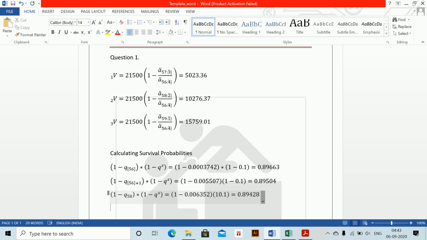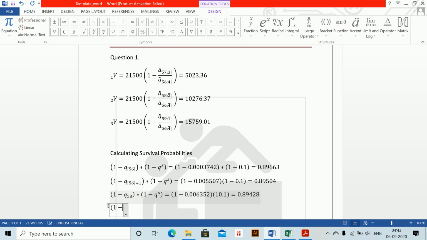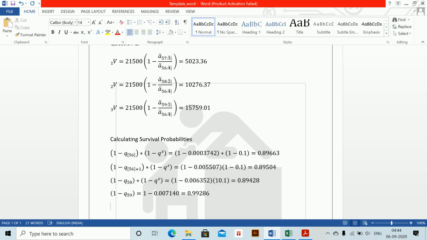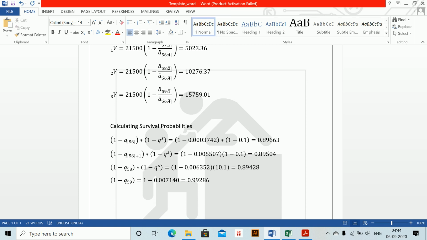Okay, and last is 1 minus q_59, because in the last year surrender cannot happen, which is equal to 0.99286. So these are my survival probabilities, and now we'll make our table for reserves.